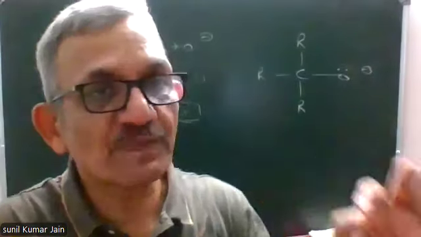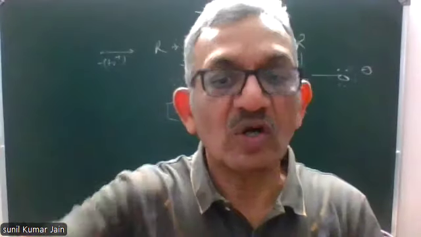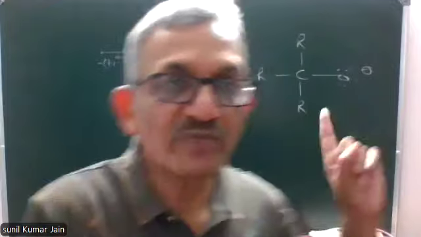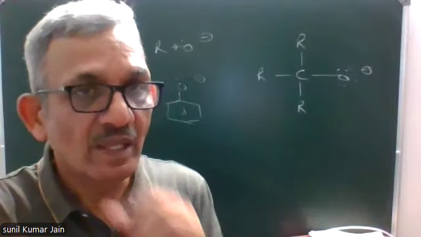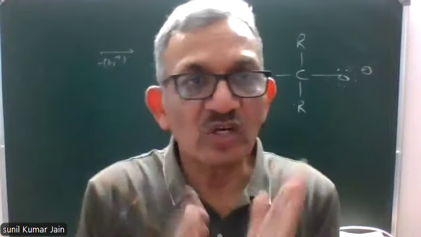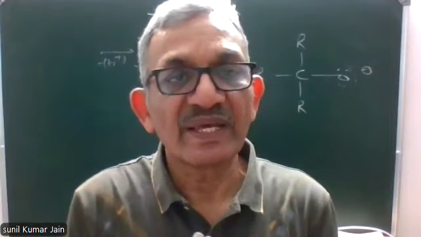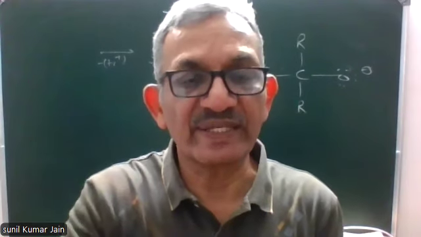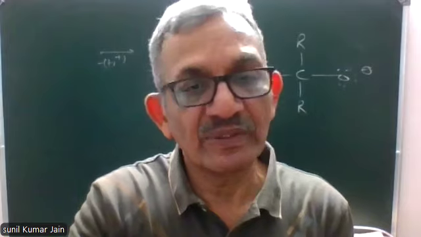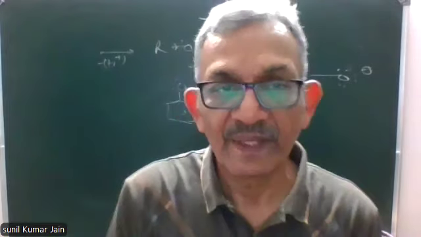And due to this dispersal, scattering of negative charge, stability of phenoxide ion increases. Formation becomes easy. That is, loss of H plus becomes easy. Acidic strength increases. Now it's your turn to write.